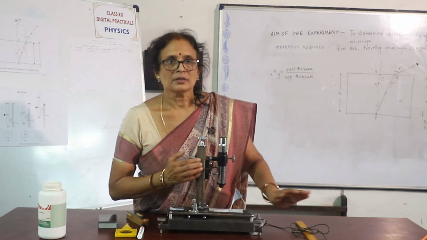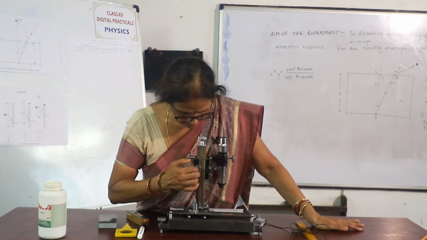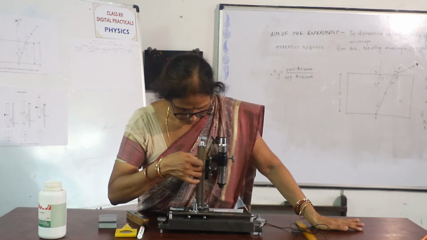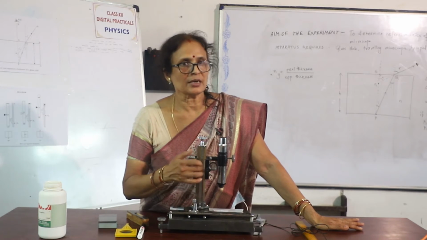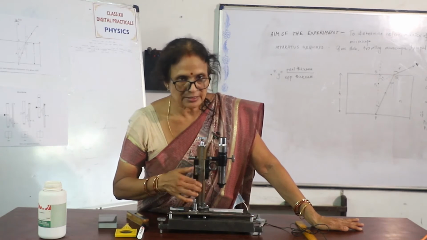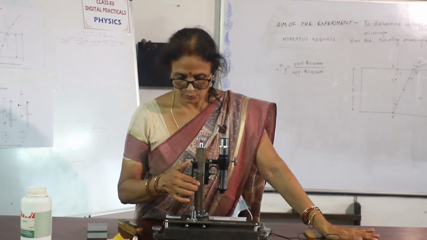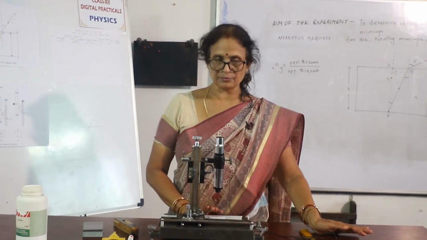First of all, let me explain what is here. You can see here there are two scales. One is linear scale similar to that of a meter scale, and there is a vernier scale. Actually, this is nothing but a vernier calipers here, which will be used to note the positions of the plasma.